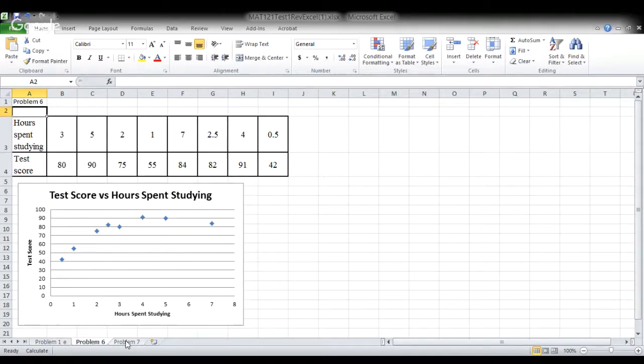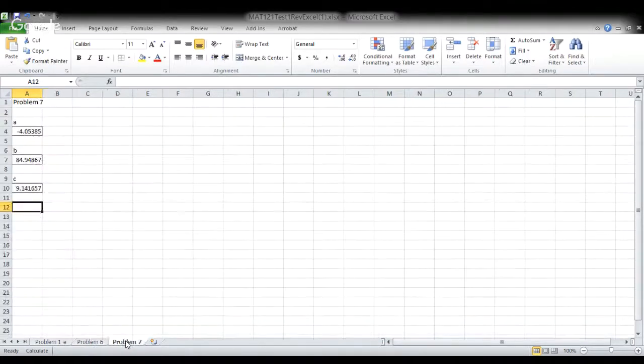And then we have problem number 7, where you just put in these formulas to calculate. Let's look at those real quick. Of course, a formula always has an equal sign, and then you have the numbers on top, but notice that they're in parentheses.